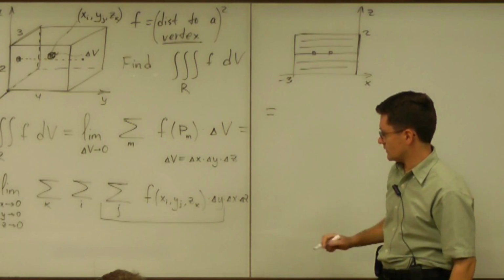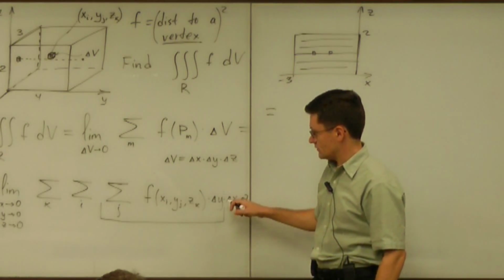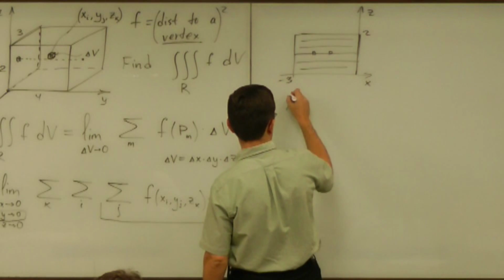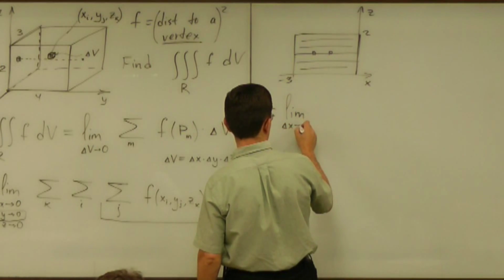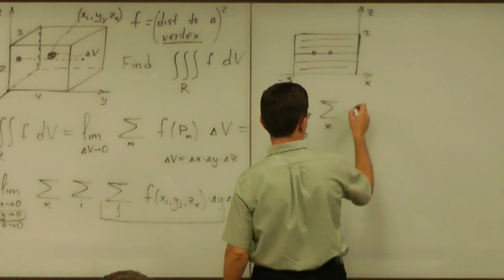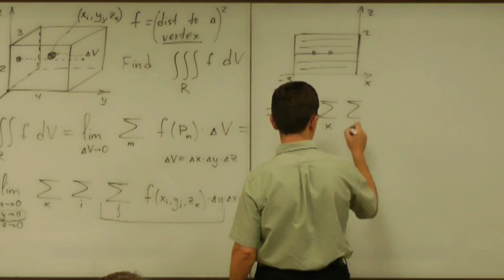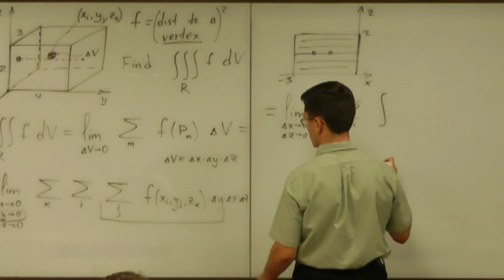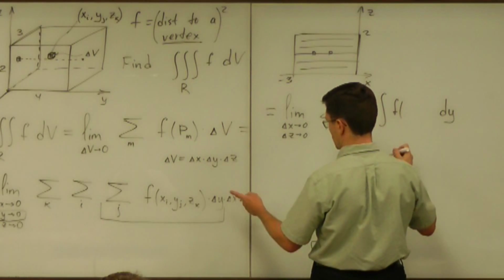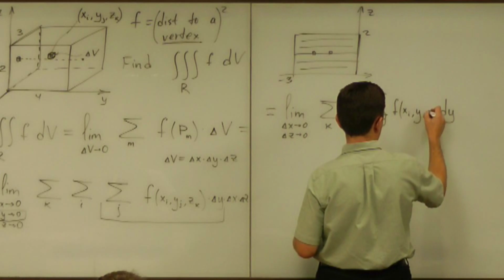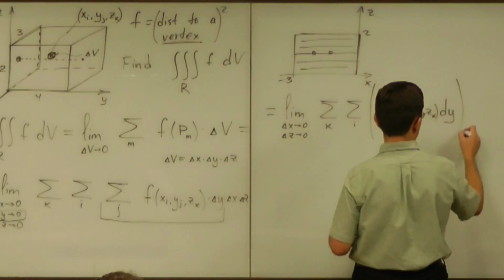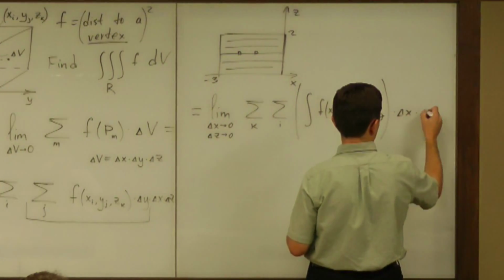So how do we proceed? We recognize this together with that condition of taking the limit as an integral. And we are left with the limit as delta x goes to 0 and delta z goes to 0 of sums over k of sums over i of integrals with respect to y of the function f of x_i, y, and z_k, and that integral has to be multiplied by delta x and delta z.